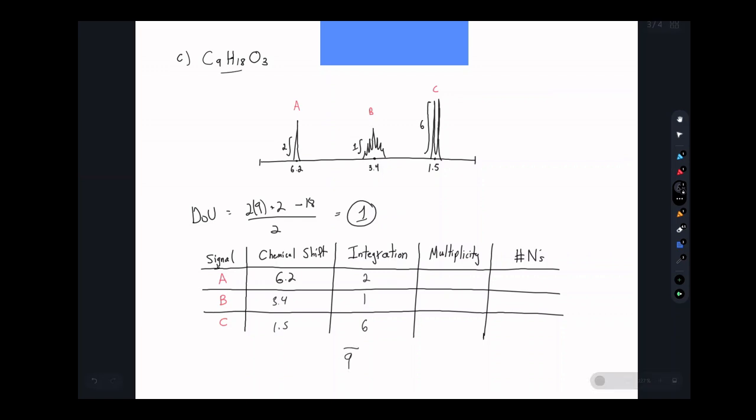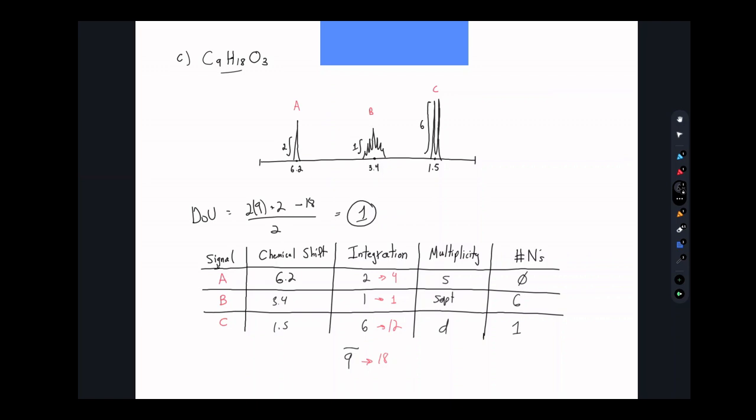There's 18 total hydrogens, which means we need to double them to get values that agree with our total structure. Remember that when you do this, that is an evidence of symmetry in the molecule, which is going to be imperative in helping us solve this structure. The multiplicities are singlet, 1, 2, 3, 4, 5, 6, 7. 7 peaks is a septet, and a doublet for 0 neighbors, 6 neighbors, and 1 neighbor respectively.